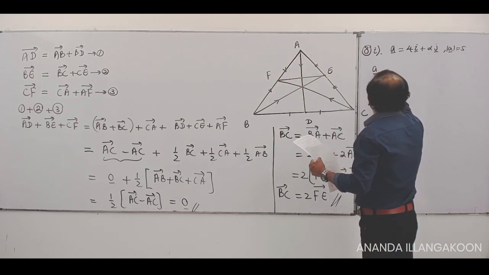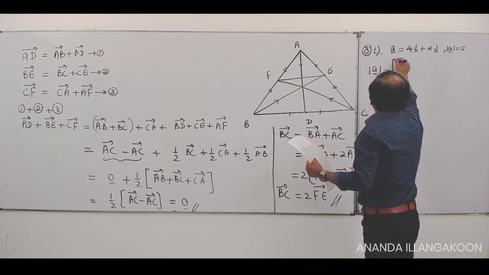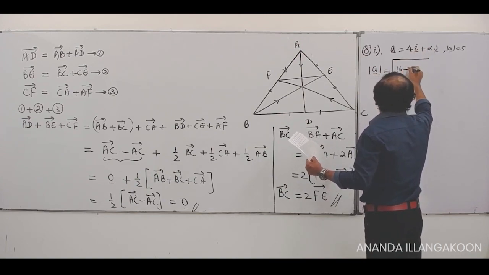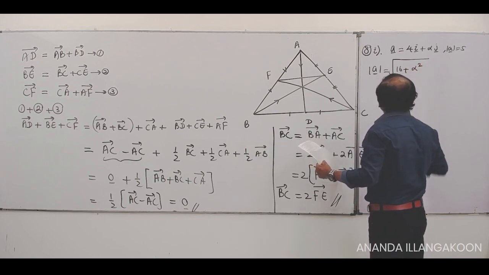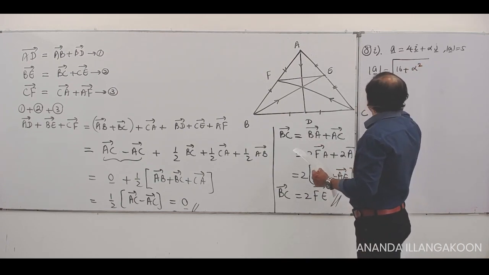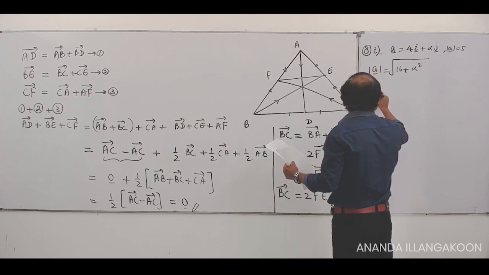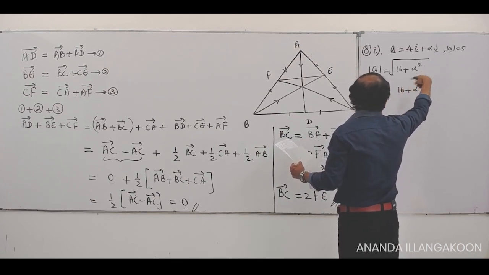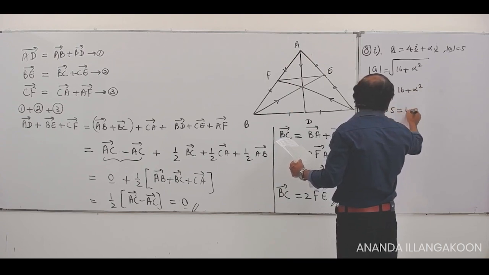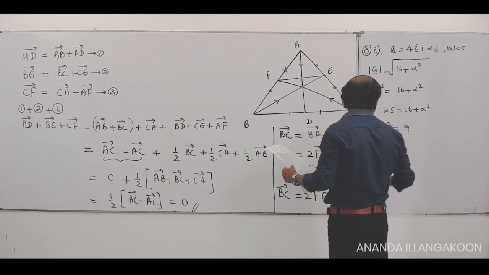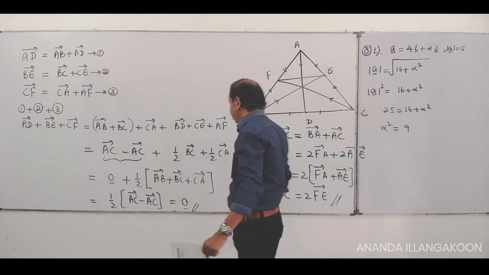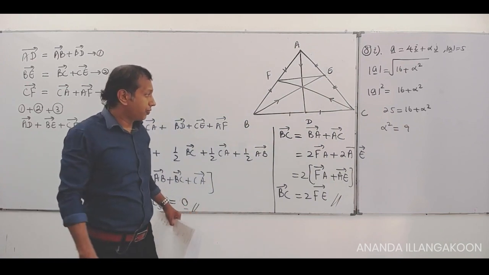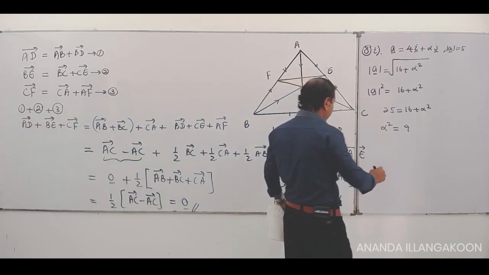Square root of i coefficient squared plus j coefficient squared. We'll square both sides. Mod A squared is 16 plus alpha squared. Mod A is 5, 5 squared is 25. Take 16 to this side. 25 minus 16 is 9. Alpha squared is 9. Therefore, alpha is plus 3 or minus 3.